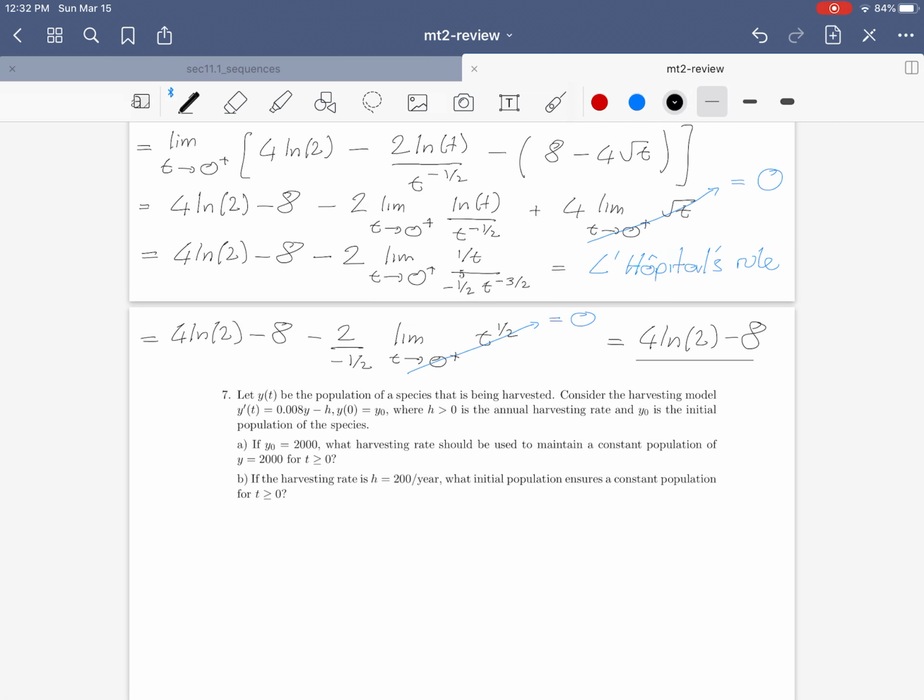So, first question: if y0 equals 2000, what harvesting rate should be used to maintain a constant population of y equals 2000 for all time?